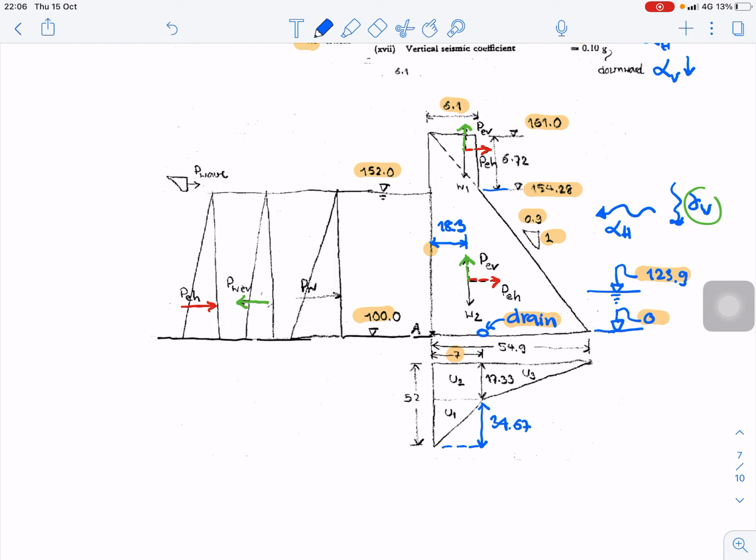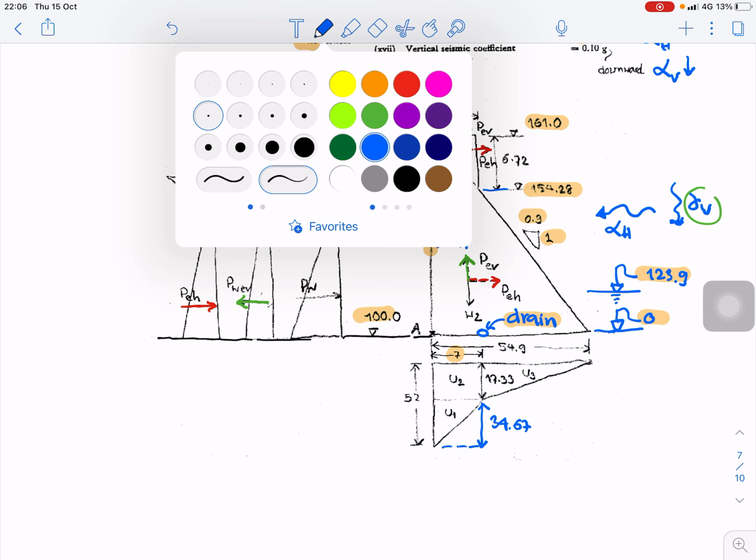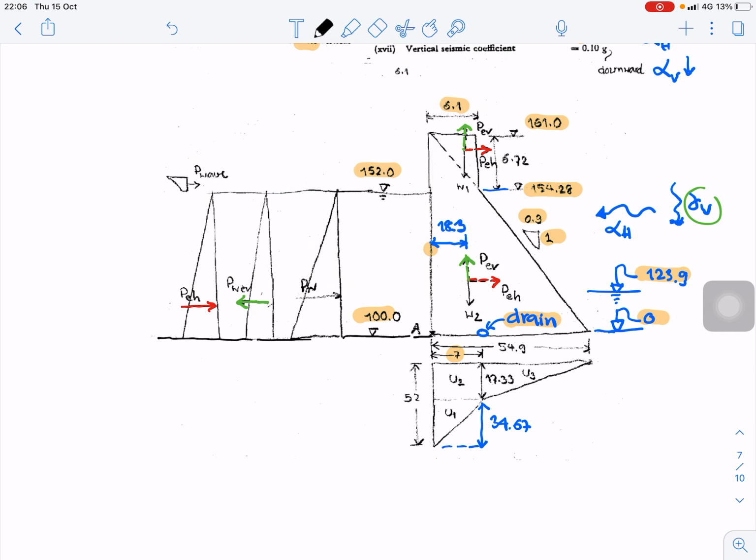Okay, and this length is equal to, you should use a different color, maybe the black one, okay, 61 divided by 3.